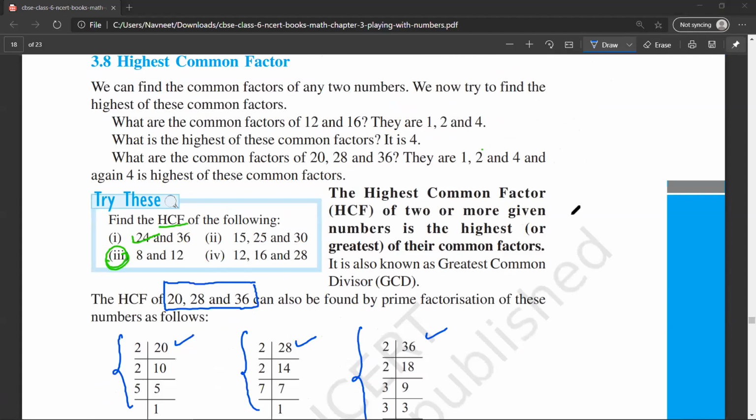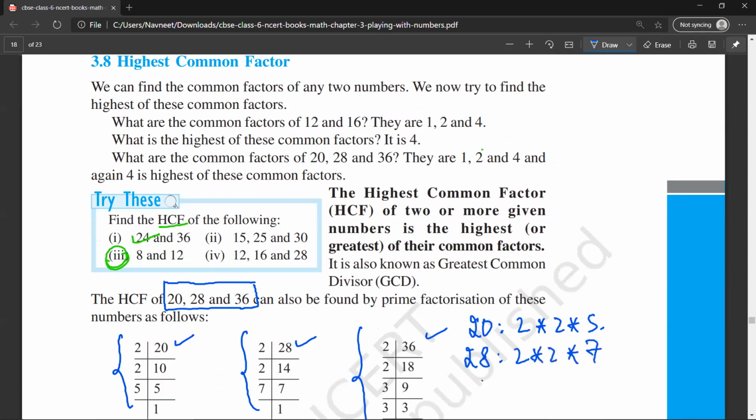So the factors of 20 are 2 into 2 into 5. The factors of 28 are 2 into 2 into 7. The factors of 36 are 2 into 2 into 3 into 3.